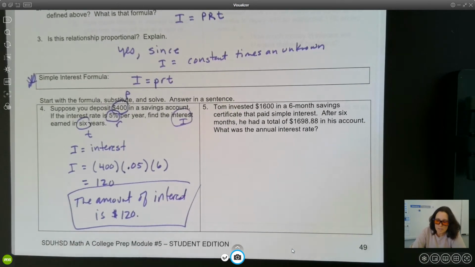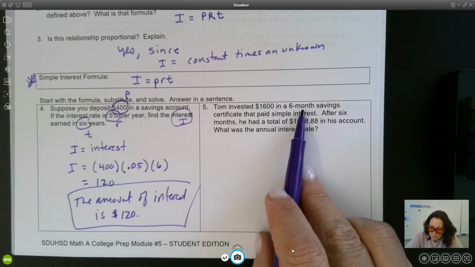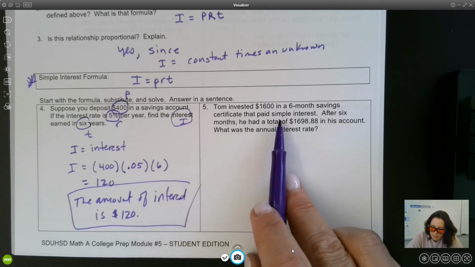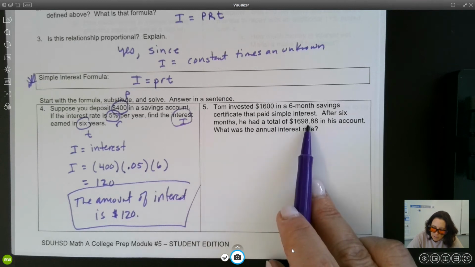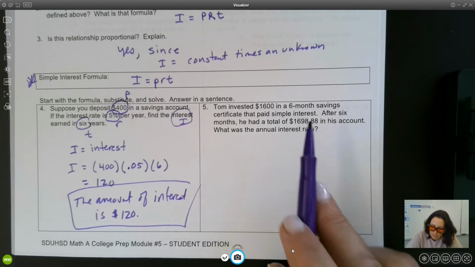Okay, Tom invested $1,600 in a 6-month savings certificate that paid simple interest. After 6 months, he had a total of this. Now this is the principal and the interest.